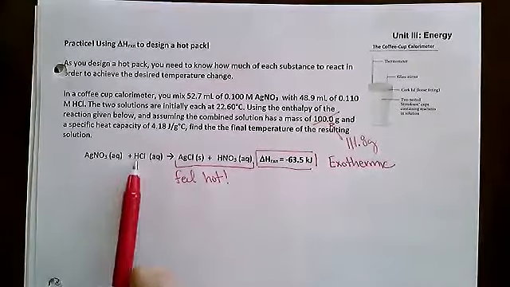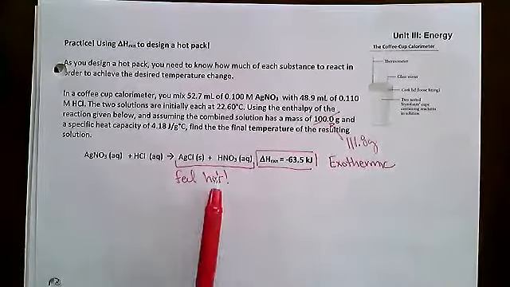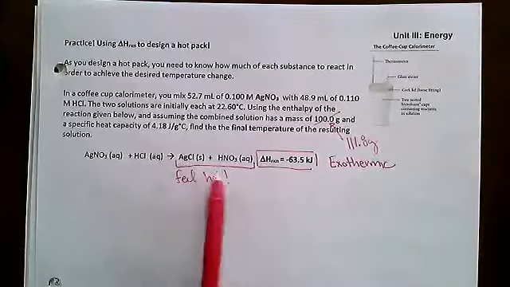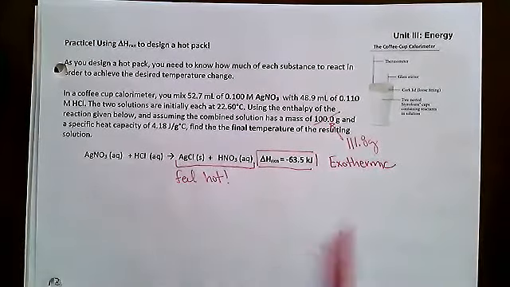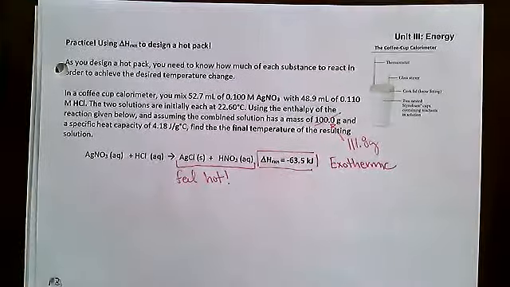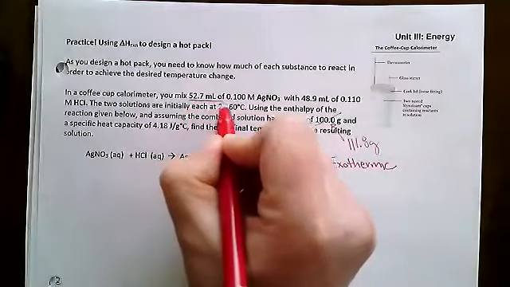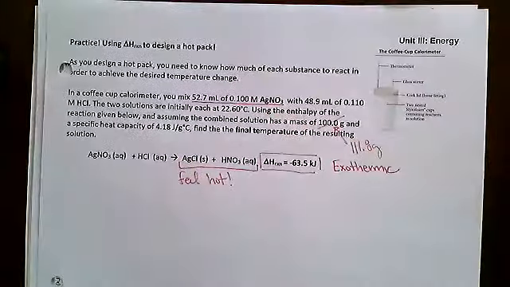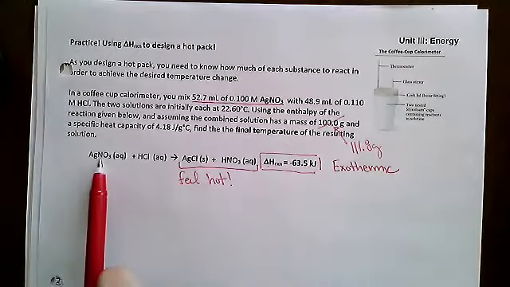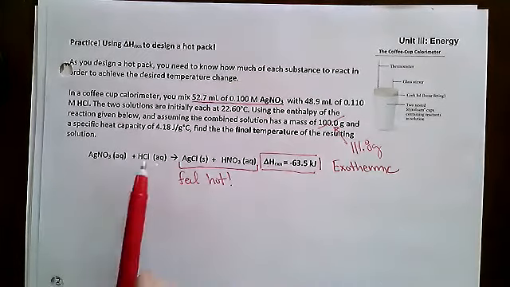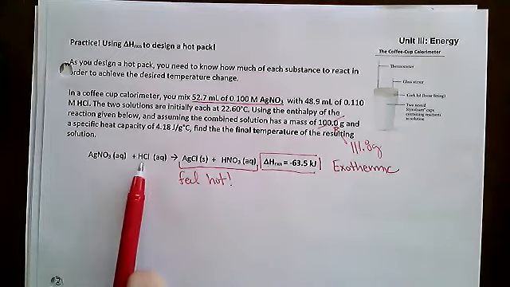When you mix these two and they react, then changes in bonding relate to changes in potential energy, and that's why you have an exchange of heat. So let's say you mix 52.7 milliliters of 1.00 molar silver nitrate with 48.9 milliliters of 0.110 molar hydrochloric acid.